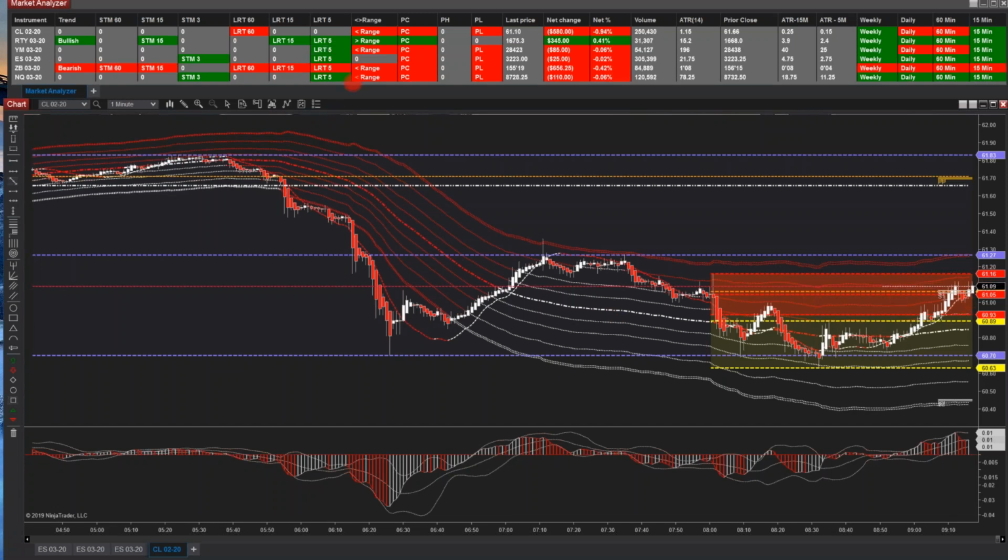A good chance of that happening. Not always. Sometimes price will reverse on you, like we're seeing here in the crude. That range is coming in and out. We had an outside excursion this morning, and then it's flattening out right now in the mid-morning session.